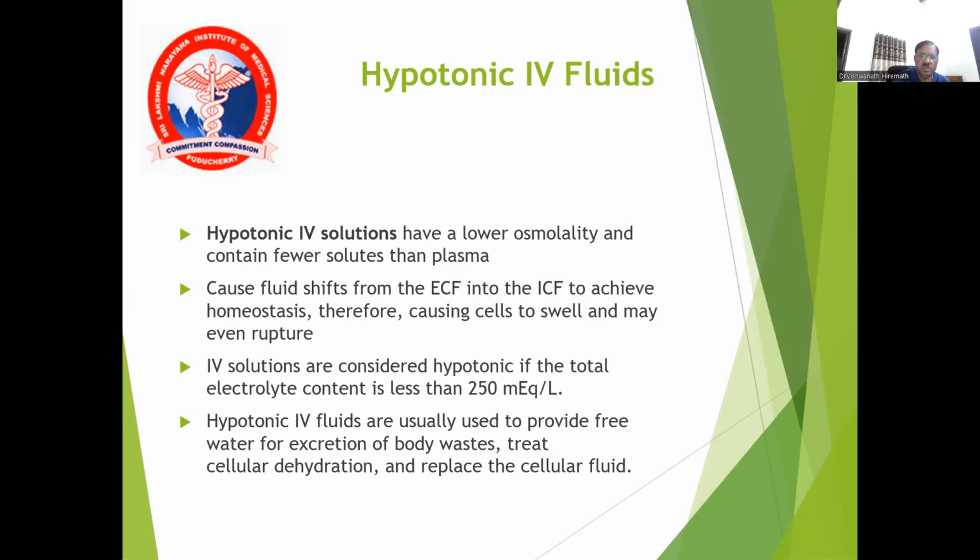They cause a fluid shift from extracellular fluid to intracellular fluid to achieve homeostasis, thereby resulting in swelling of the cells, and they may get swollen to the extent that they may even rupture.